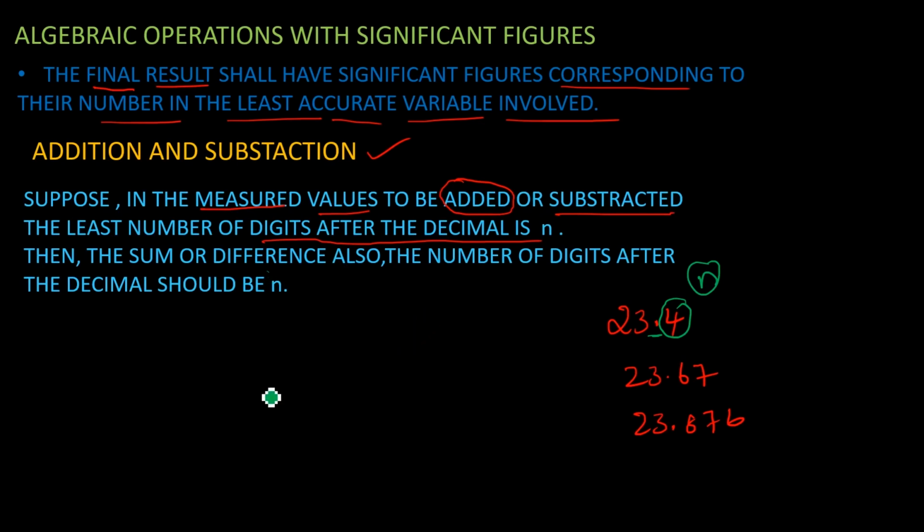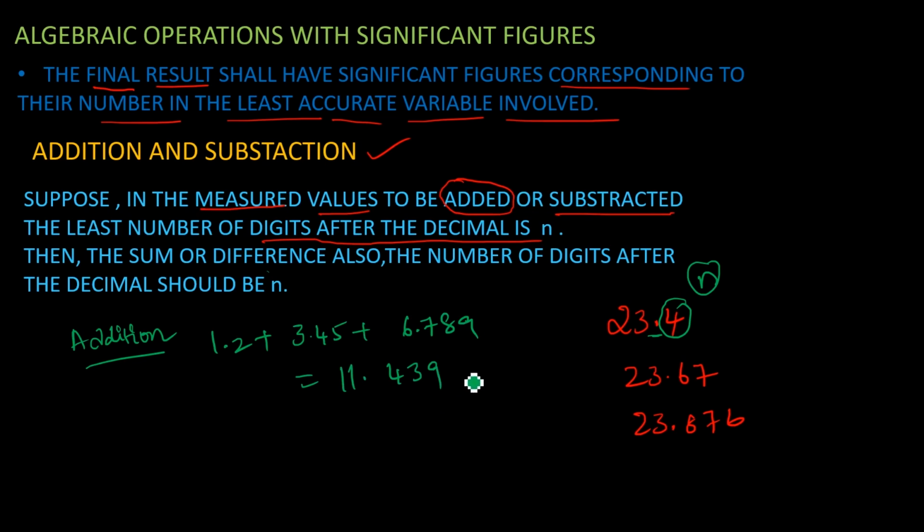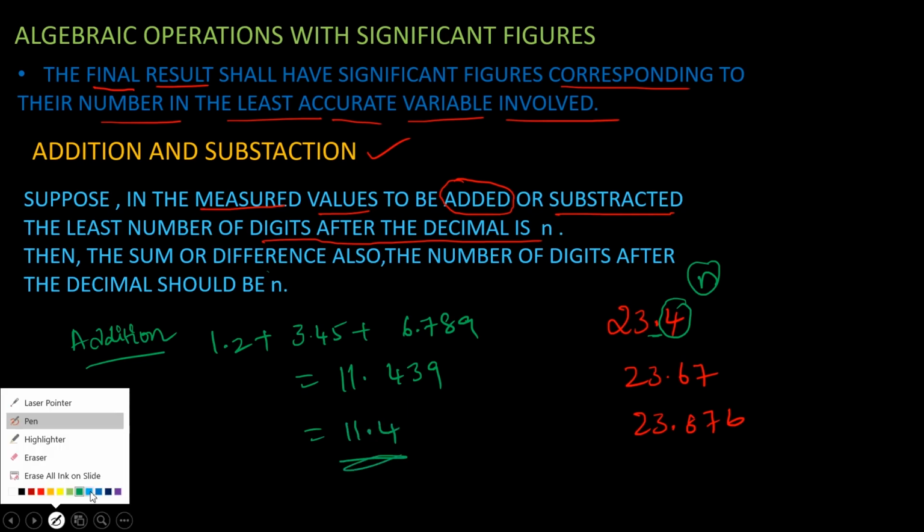Suppose we take addition: 1.2 plus 3.45 plus 6.789. If you add, you will get 11.439, which becomes approximately 11.4.